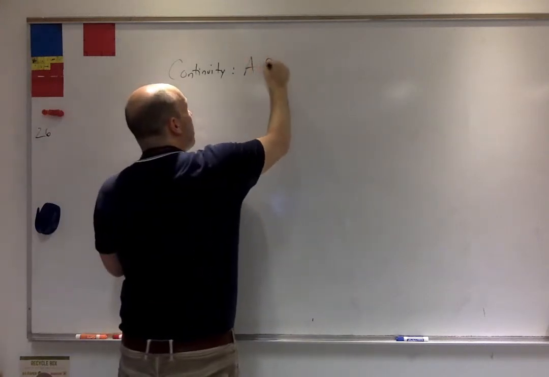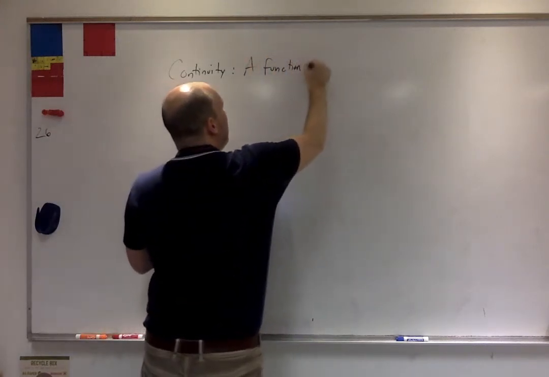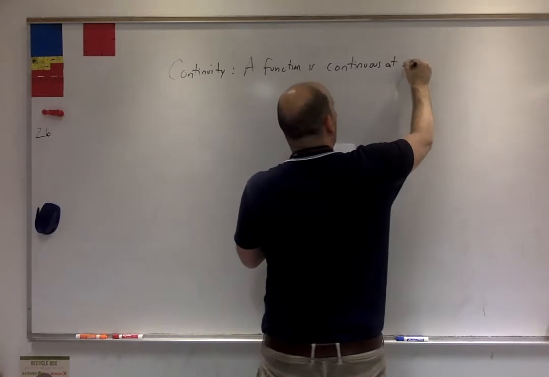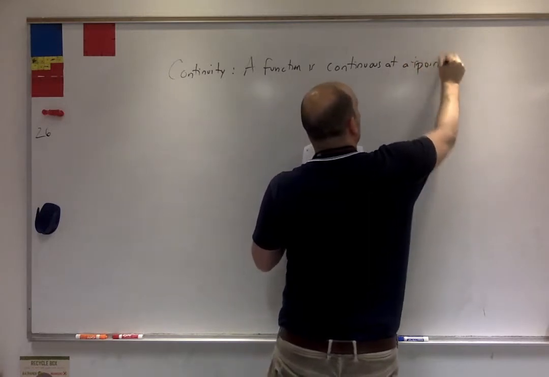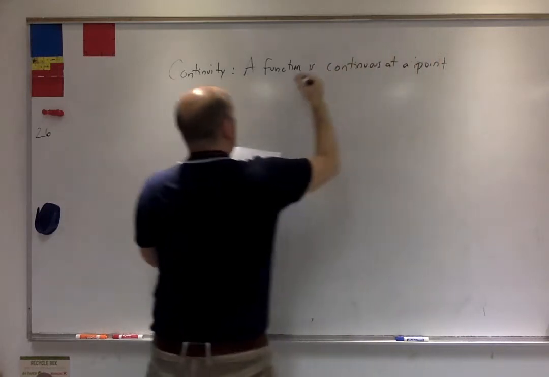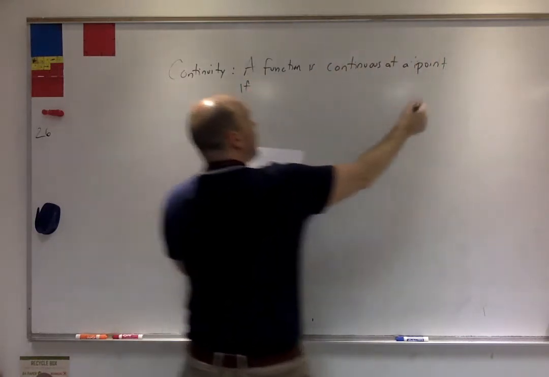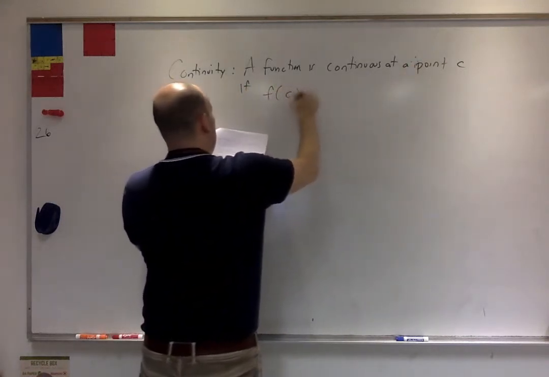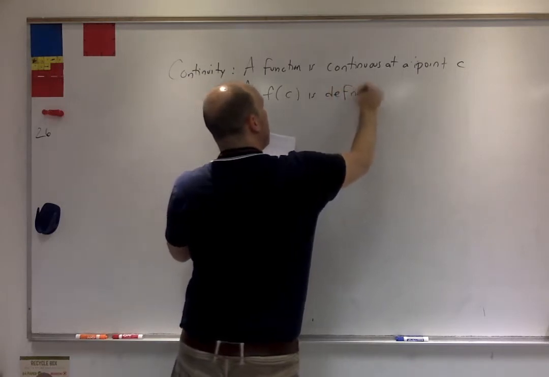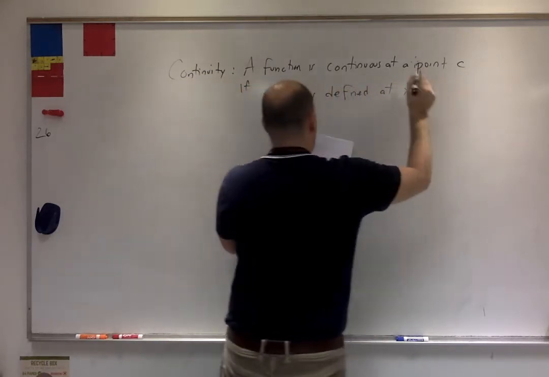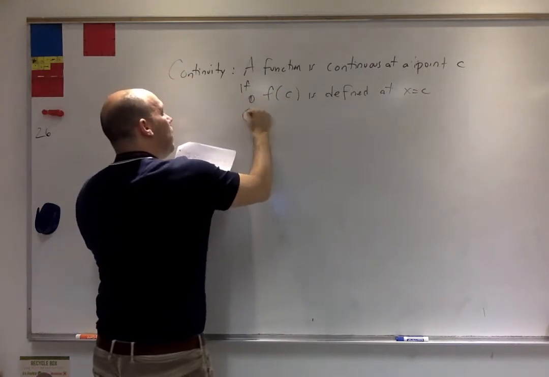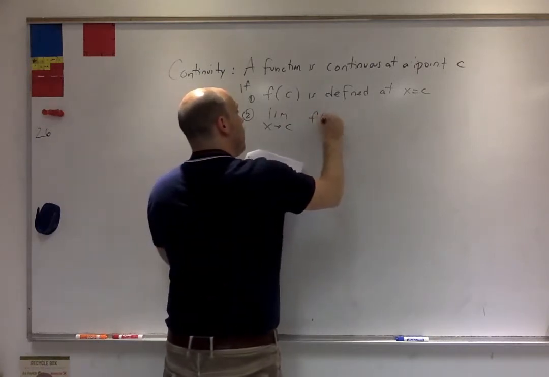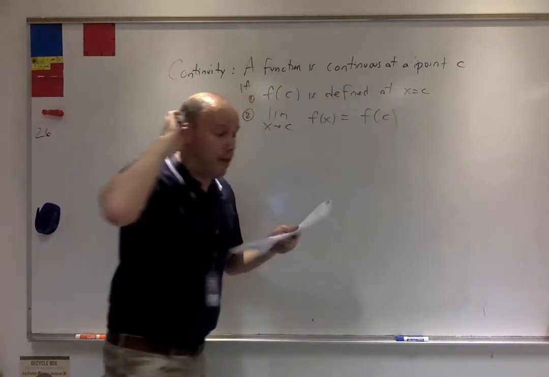A function is continuous at a point, let's say a point C, if f of C is defined at x equals C, and if the limit as x approaches C from both sides is equal to the function at C. And that's continuity.